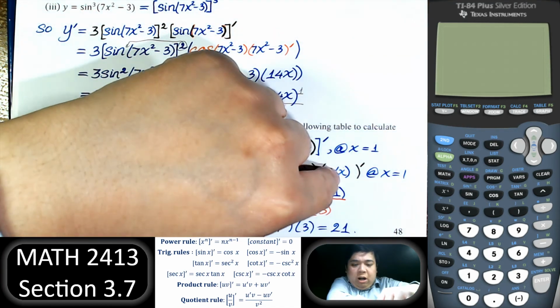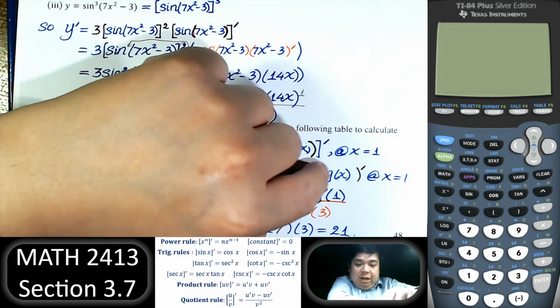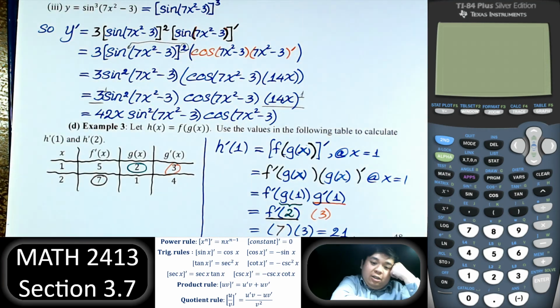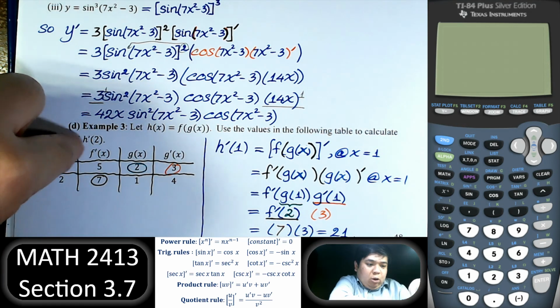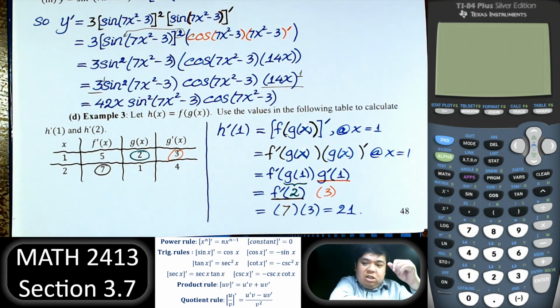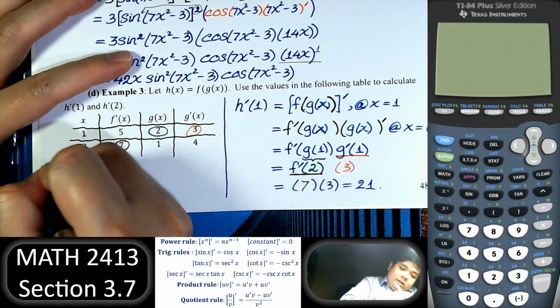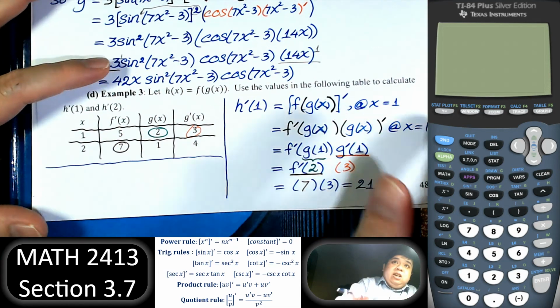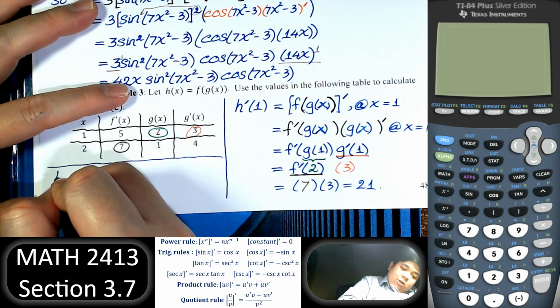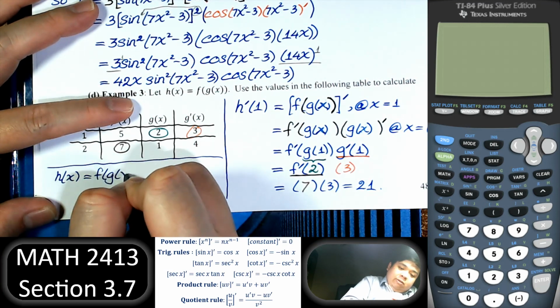Yeah, for g prime of x, we just put the derivative in here, and then we put 1 in it. I'm not going to do the other problem because in that case we just set up the same thing. So actually I'm just going to write the beginning of it. So h of x is equal to f of g of x.